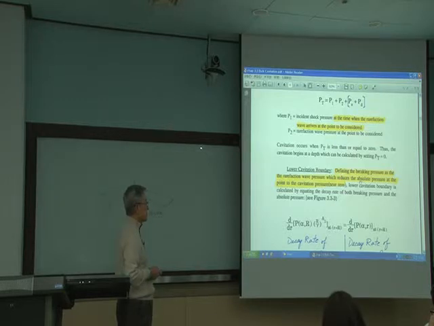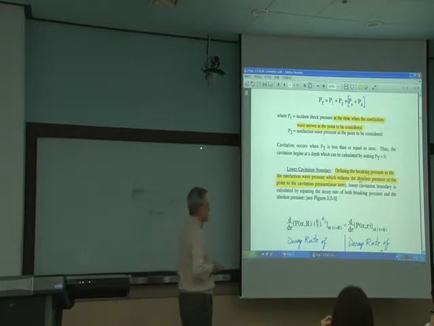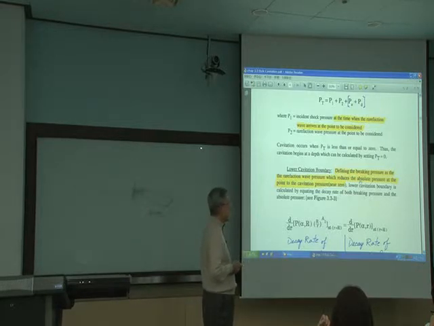So here you have to first define the breaking pressure. Breaking pressure, I put a yellow line here. Let's define the breaking pressure as the rarefaction wave pressure, which reduces the absolute pressure at the point to the cavitation pressure.